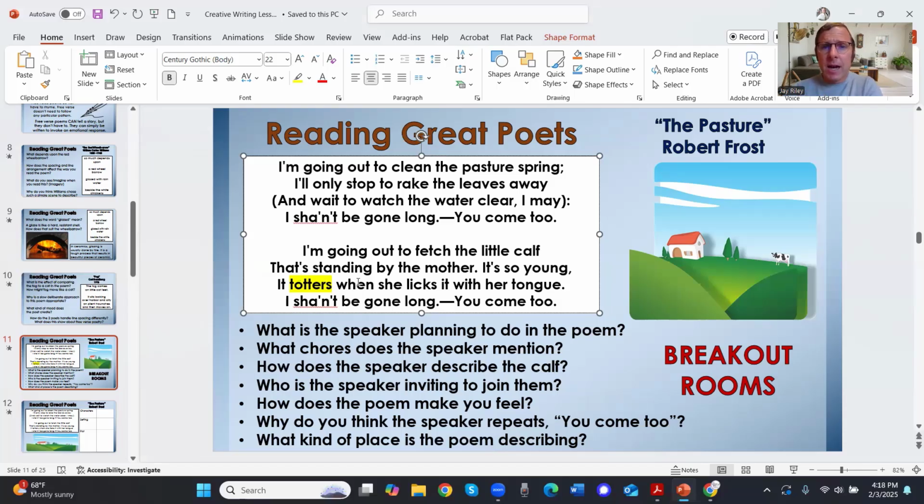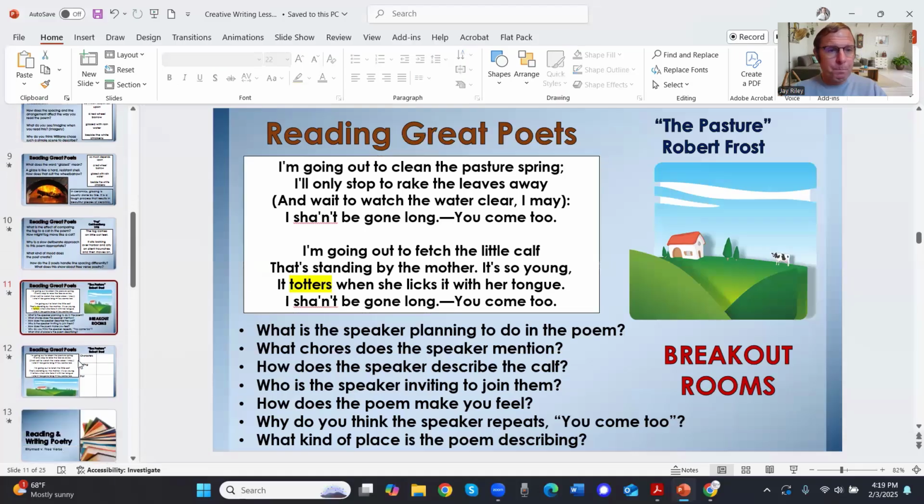We've got the calf and the mother as characters. The other animals are characters in the poem. As we said, it's set in the pasture. And we see these chores that he's doing throughout the springtime. So the poet really does tell a story through this free verse poem.